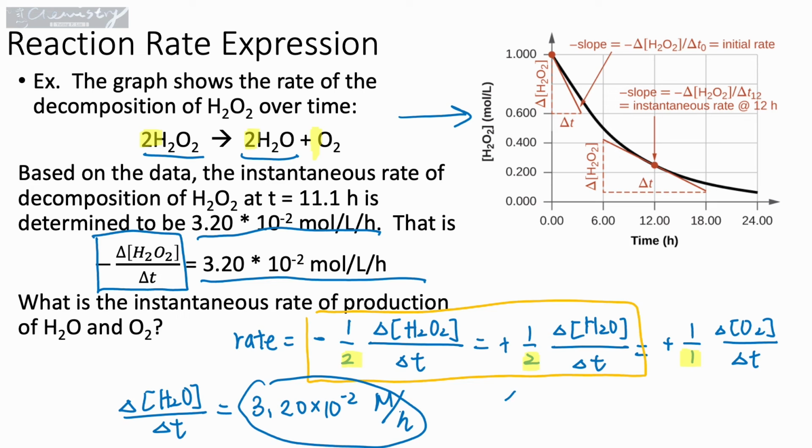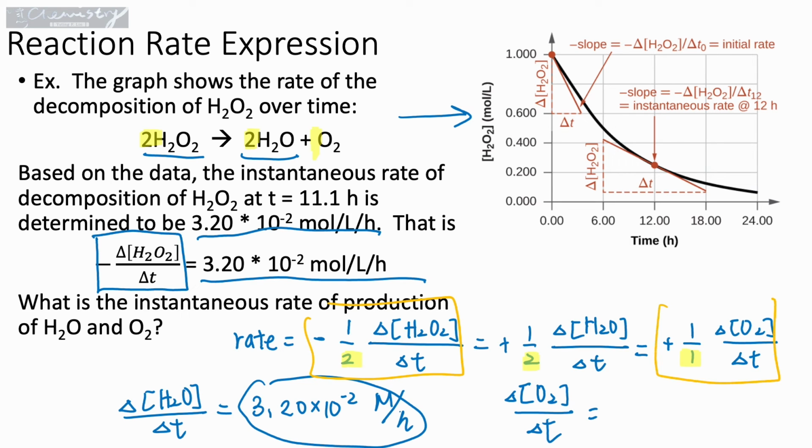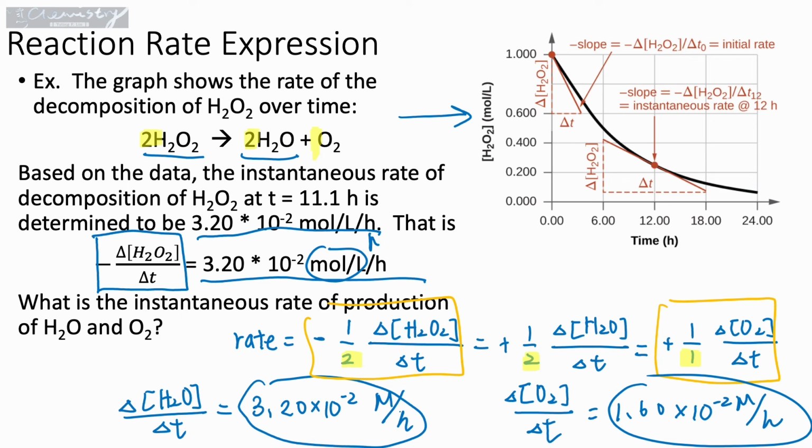And for the rate of production for oxygen, it is 1/2 of that of the decomposition of hydrogen peroxide. And therefore, it is going to be 1.60 times 10 to the negative 2 molar per hour. Remember that moles per liter is molar.